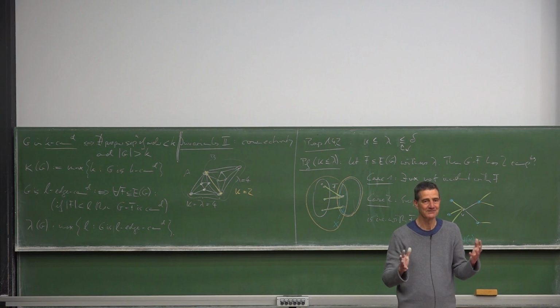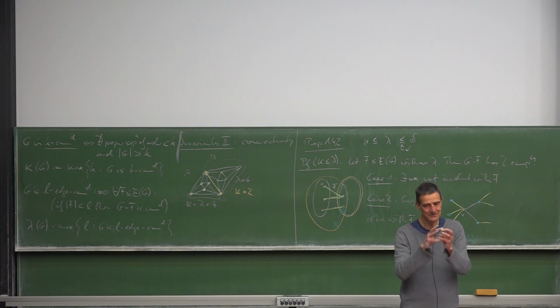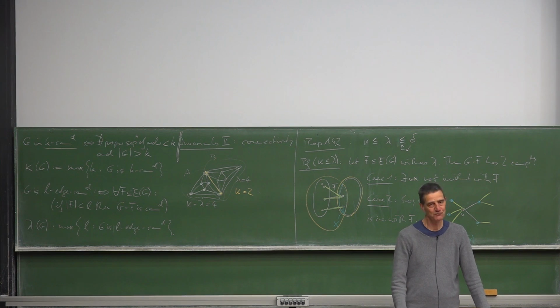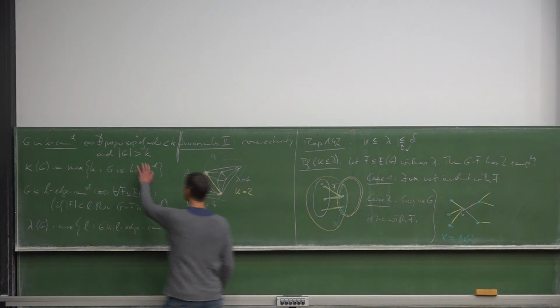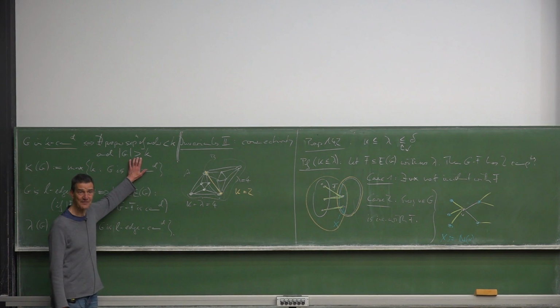But if you delete fewer edges, you can't disconnect the graph. Takes a little bit of puzzling. Never mind. So lambda of Kn is n minus 1. Kappa of Kn is also n minus 1, by virtue of this: there are no proper separations of Kn.